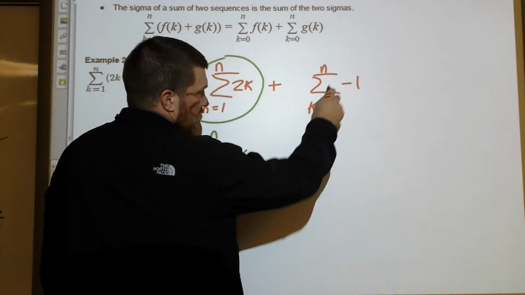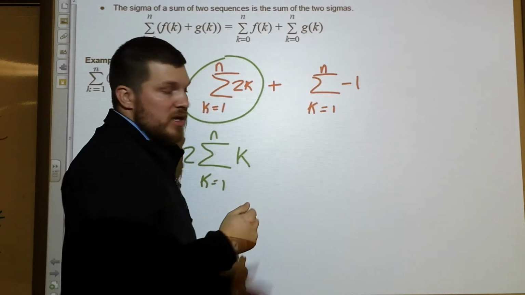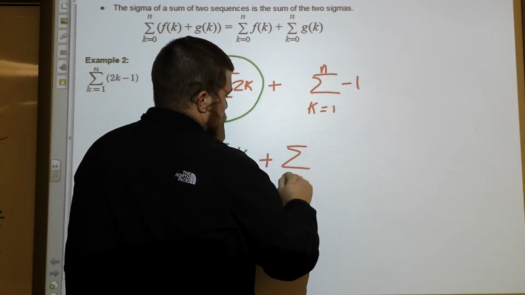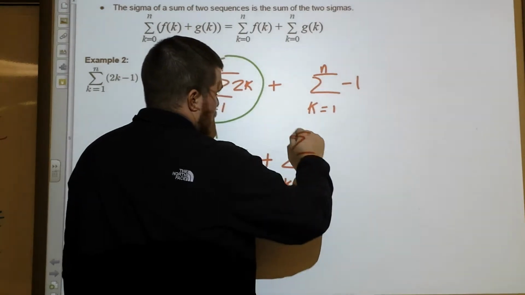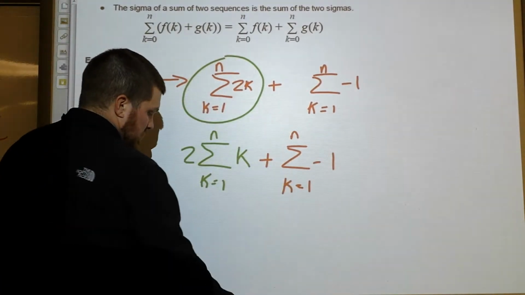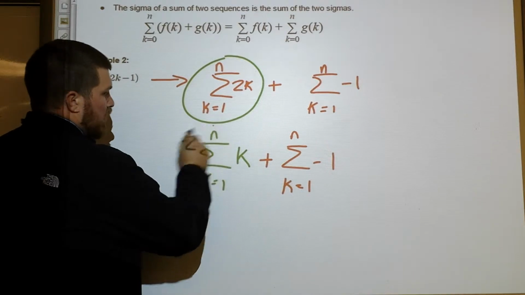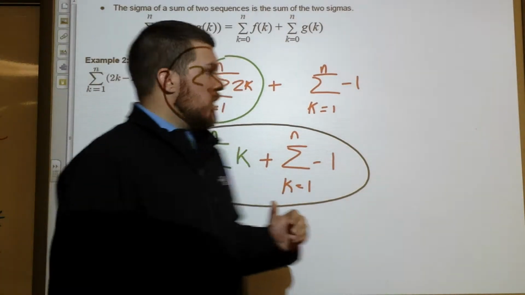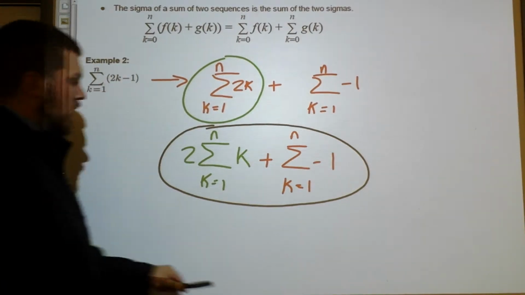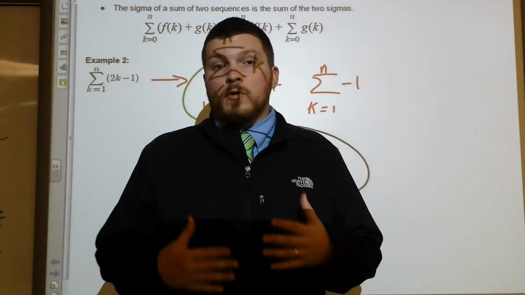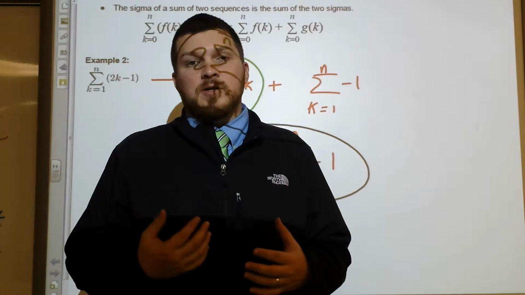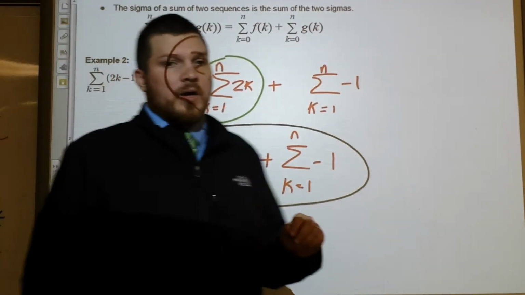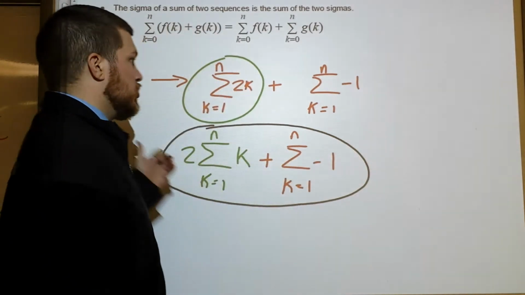And this guy, he just stays the same because I don't know any other identities yet to help me there. So plus sigma from k equals 1 to n of -1. So far, based on these 2 identities that I know, this is as much as I can rewrite my original problem. Again, it doesn't look like much, but again, we're building baby steps to come up with what's called a closed form definition. Okay, so by the end, once we have all our identities, this will be really useful.